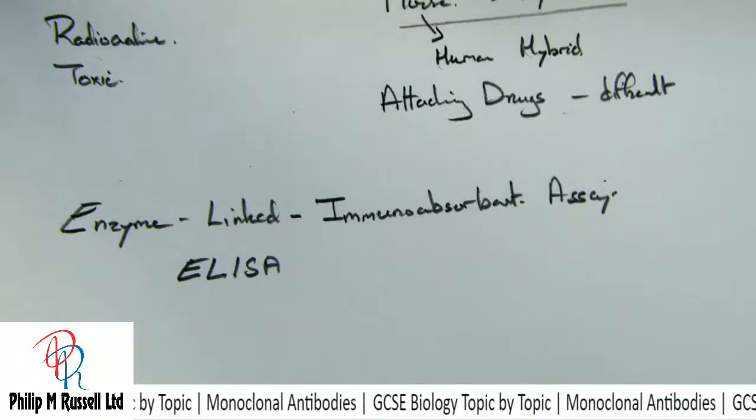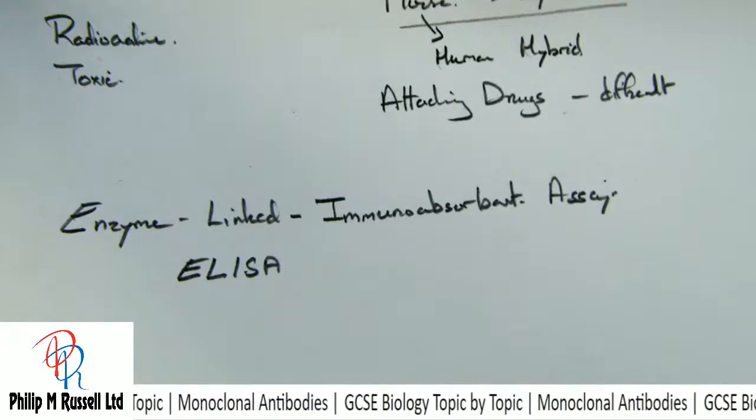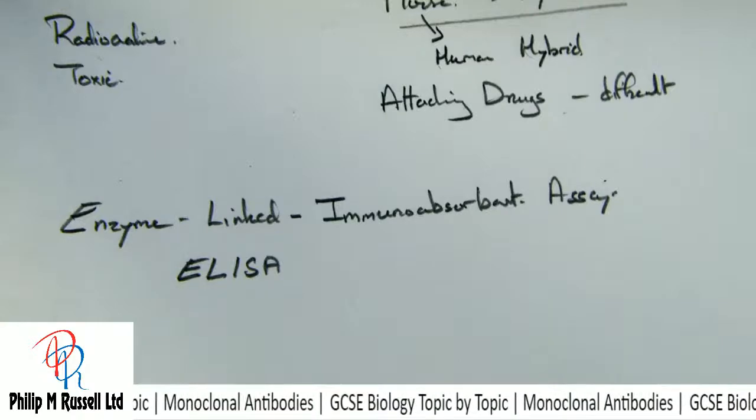So let's summarize. Monoclonal antibodies are produced from a single clone of cells. Each type is specific to one particular binding site on some sort of cell, virus, anything you particularly want to look at. They can also target specific cells.